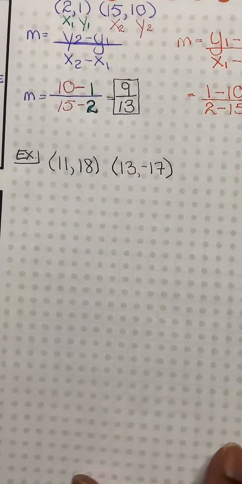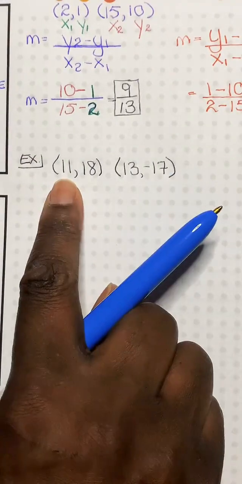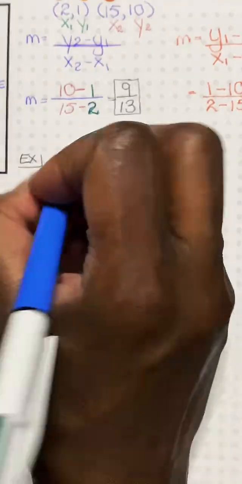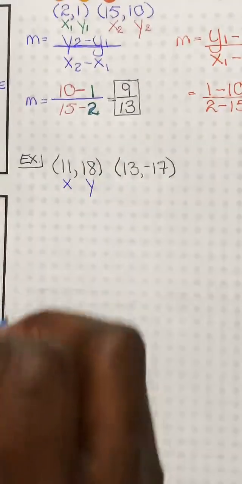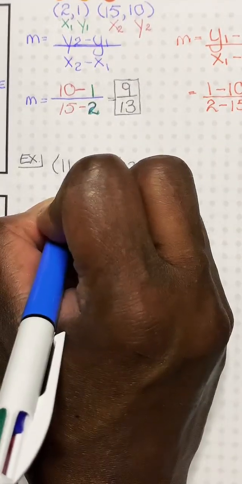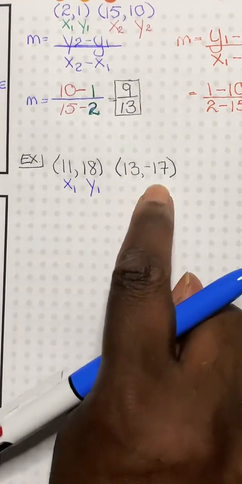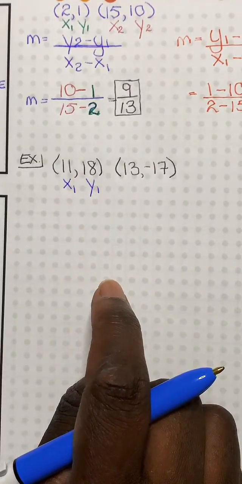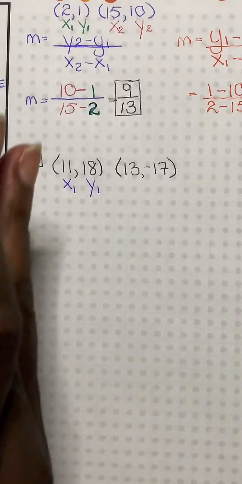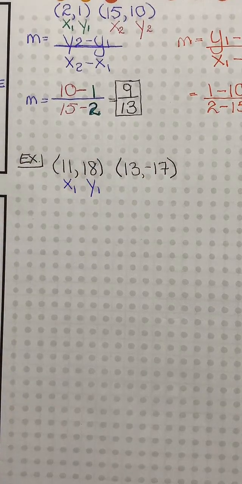All right, so let's label everything. If this is still a little iffy for you, that's fine. Since this is the first point that I see, this can be my X and my Y, the X and Y of the first point. Now, some of you are probably going to say, couldn't I make this my first point and this my second point? Yes, you can, as long as it's labeled correctly and you're going through the proper channels, that is perfectly fine.